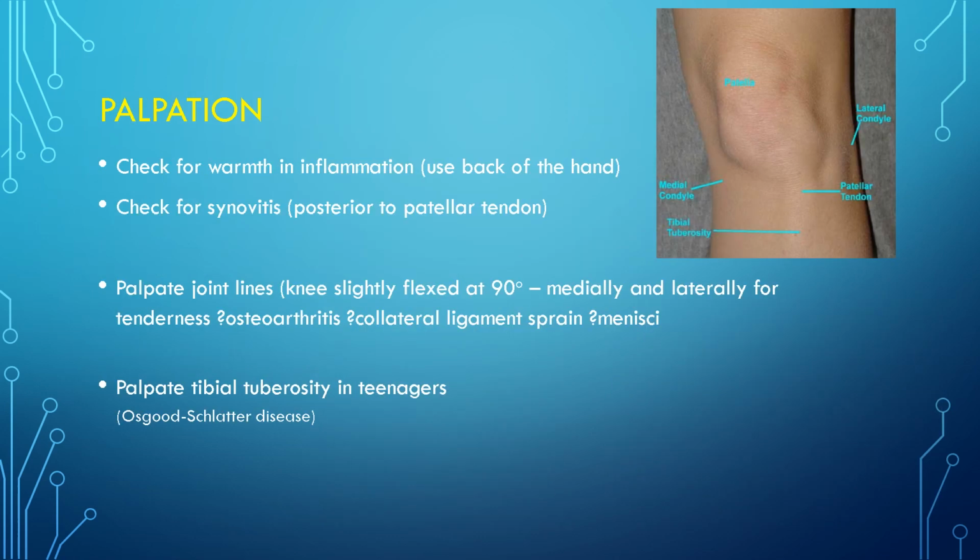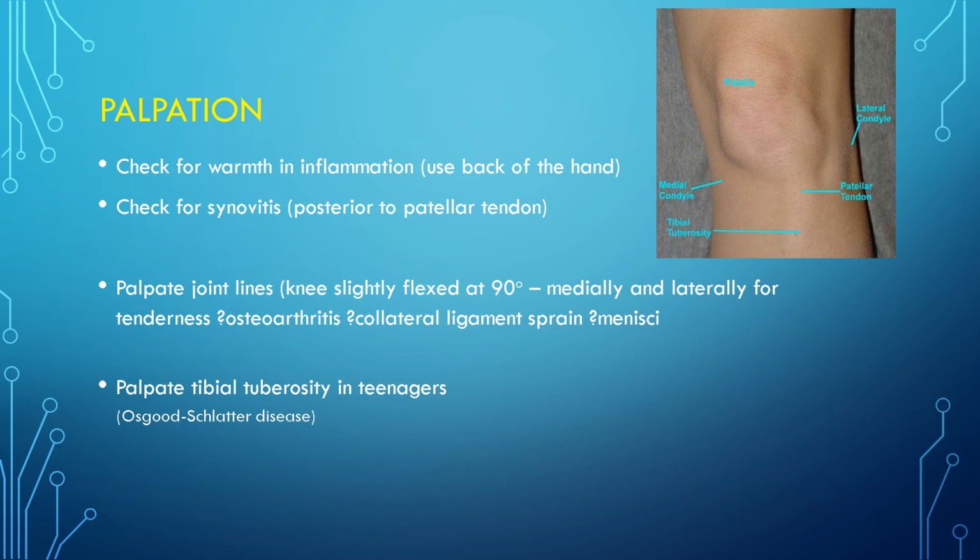Now we're moving on to palpation. You want to check for warmth in the joints, is there any inflammation or infection. Use the back of your hands and just compare both knees for temperature. Check for synovitis by pressing posterior to the patellar tendon on either side of the tendon.